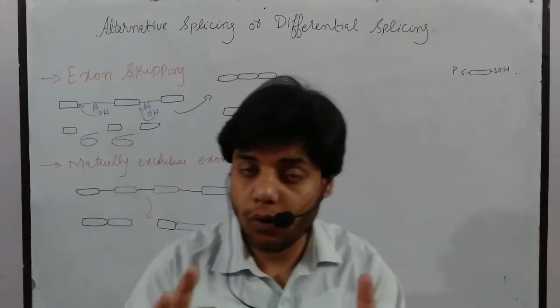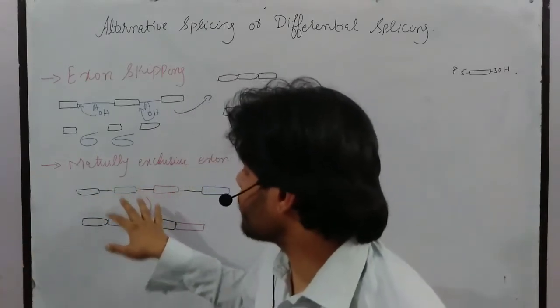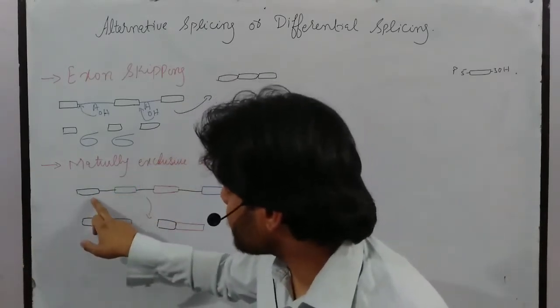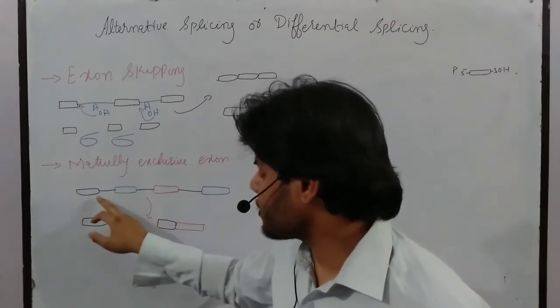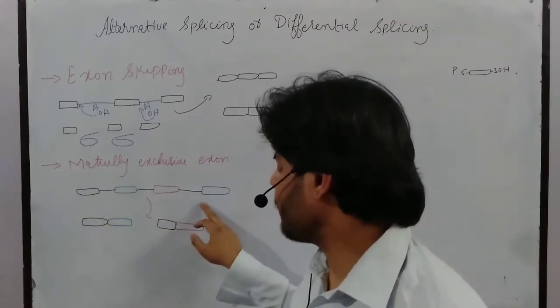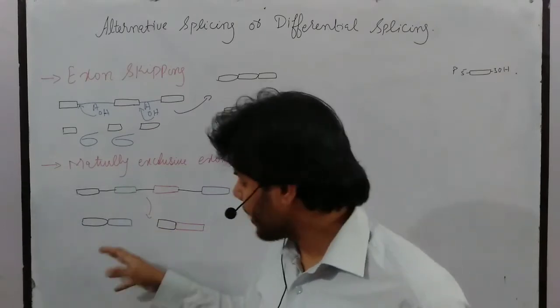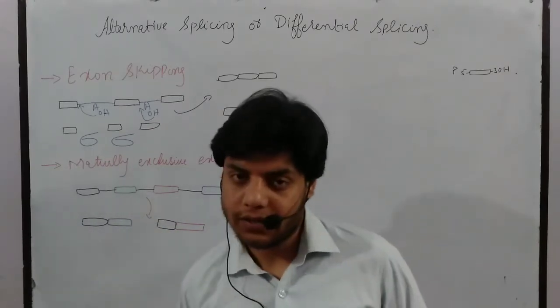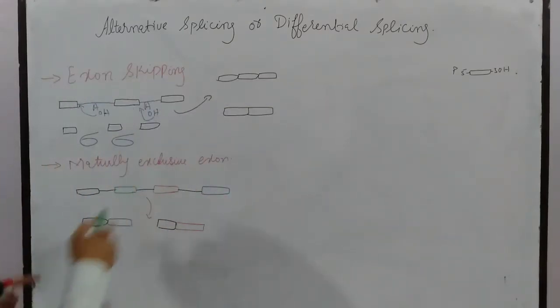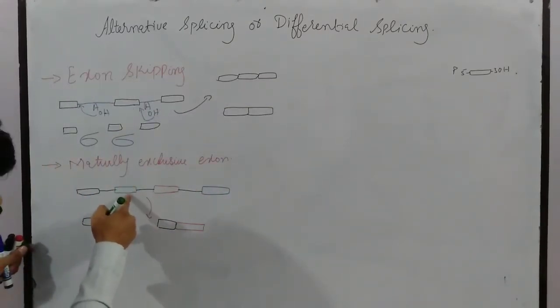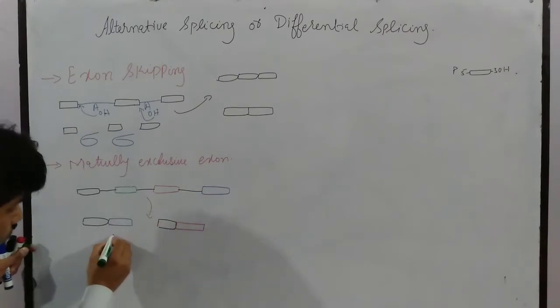This is very important. Okay, so in this case the exon will also be released, but sometimes this first exon will react with the second, or this first exon will react with the fourth exon, and we will get two possibilities like that. And sometimes this one exon will react with this one portion.